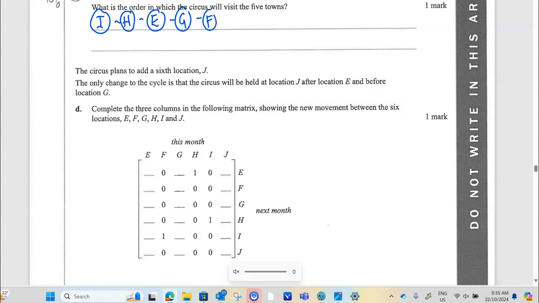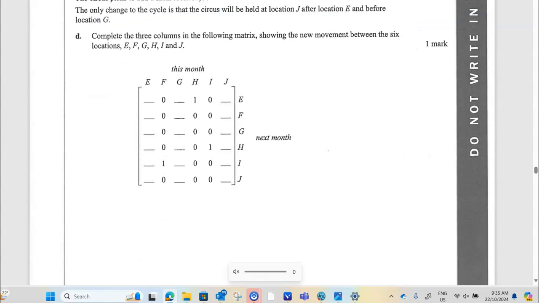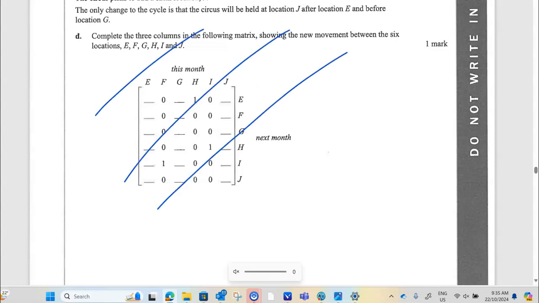So it stuffed up a lot of kids, probably more at the high end, who realized it wasn't right and thought they weren't seeing it correctly. It was actually an error, so this question got scrapped. If you just ignored that, which a lot probably did, you would have found an answer.